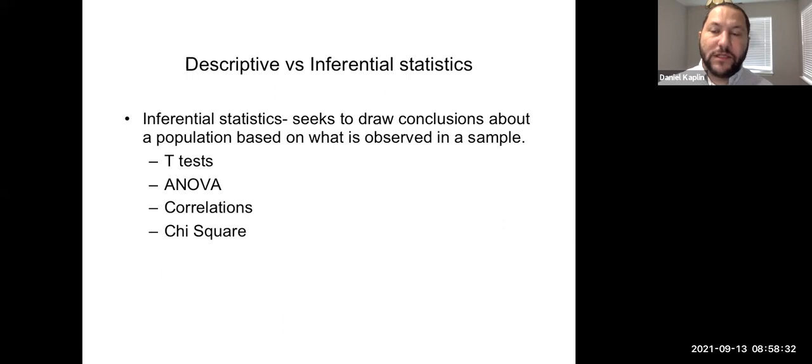So with inferential statistics, you're drawing conclusions about the population from a sample. So you're making inferences, whereas with descriptive statistics, you're summarizing your sample, but you're not making any meaningful conclusions.